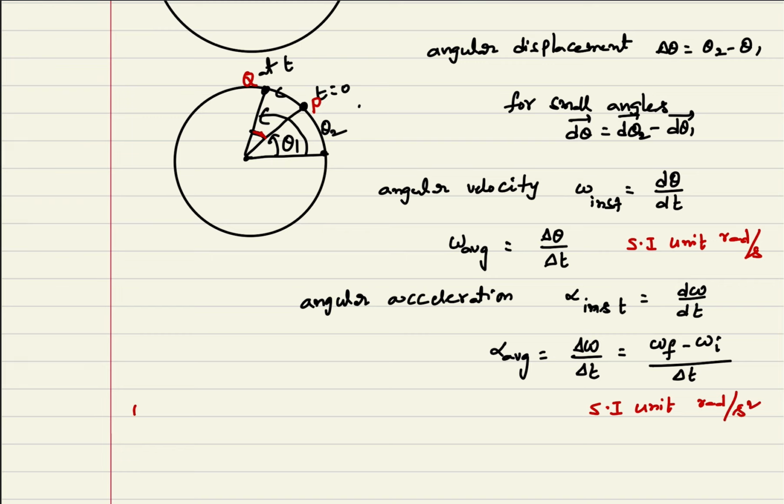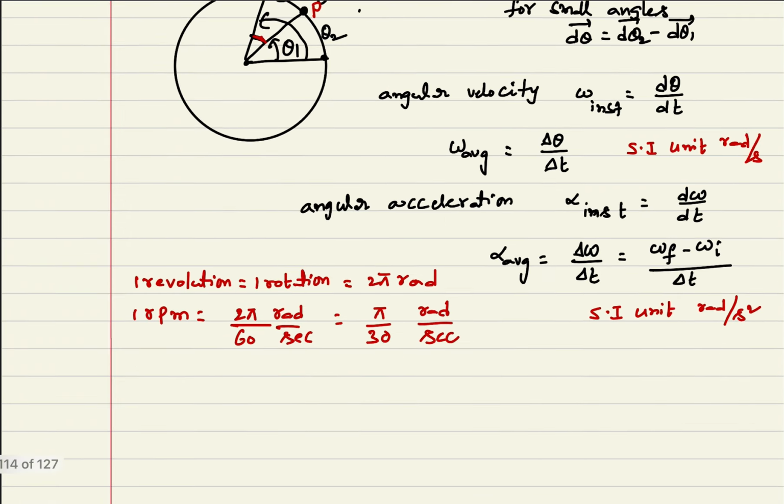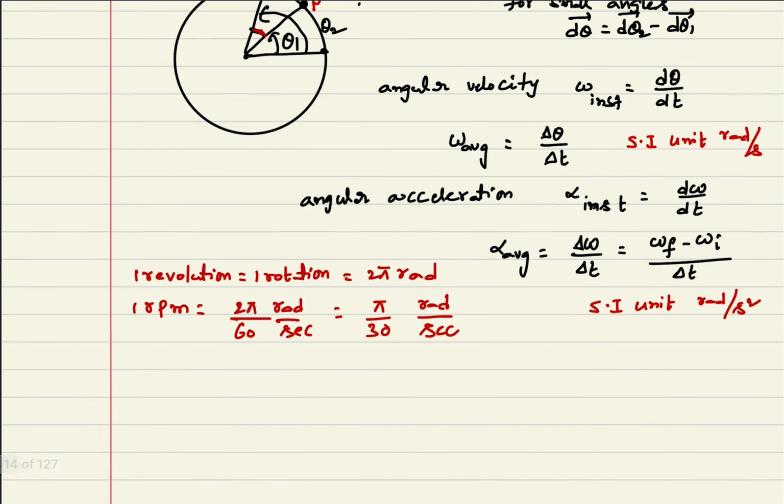Sometimes they will give 1 revolution per minute, RPM. 1 RPM is equal to, you can write, first 1 revolution, 1 rotation, can be written as 2 pi radians. 1 rotation per minute or revolution per minute can be written as 2 pi radian by 60 seconds. We can write it as pi by 30 radian per second. These are the revolution per minute and radian per second relation.